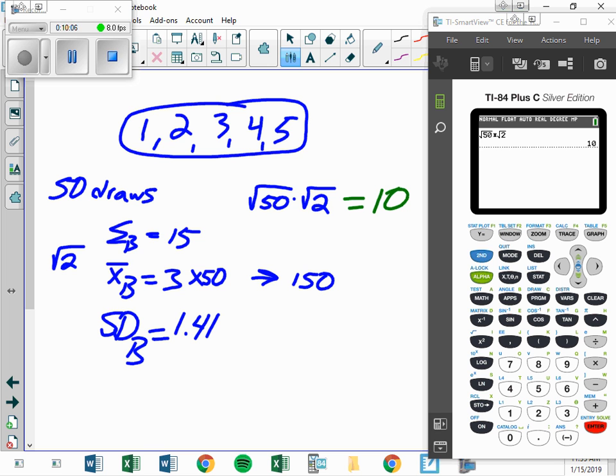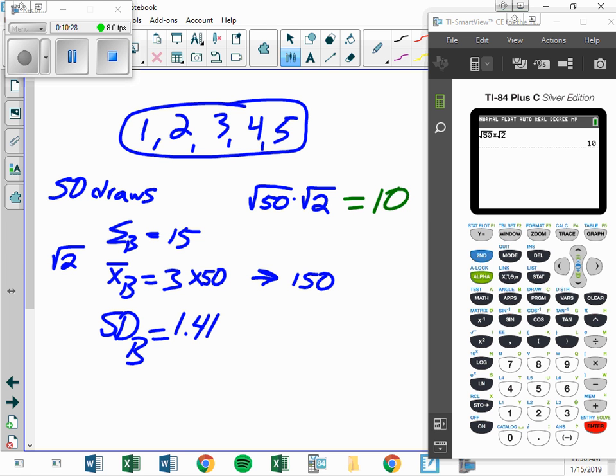So number 4 says the expected value for the sum is 150. The observed value is 157. The chance error is how far off was my observation from what I expected? 7.